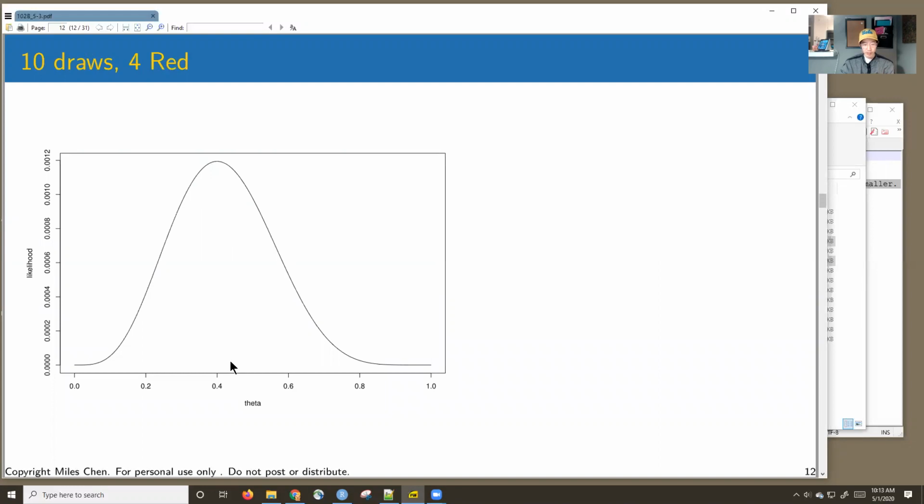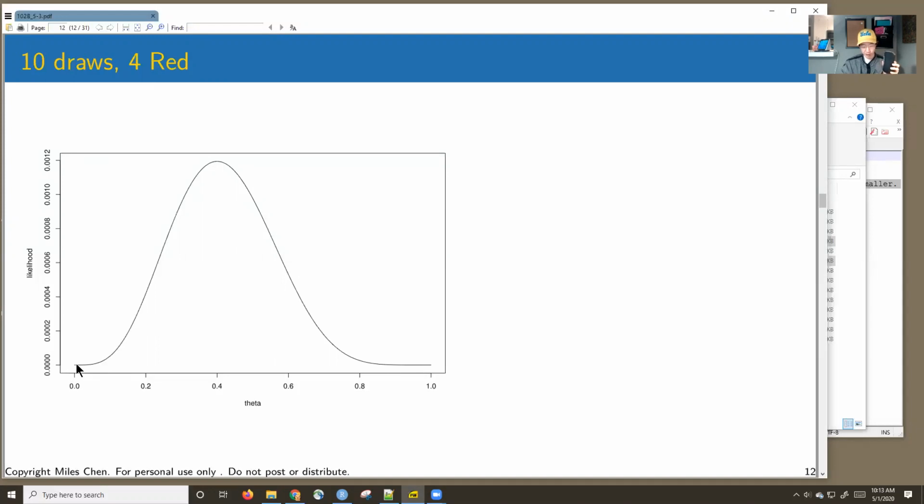Okay, this is the likelihood function of theta, meaning that as theta varies between 0 and 1, the proportion that is red in the pouch is some mystery value theta. As that varies from 0 to 1, the likelihood of getting our data, 4 reds out of 10 draws, is also going to vary.